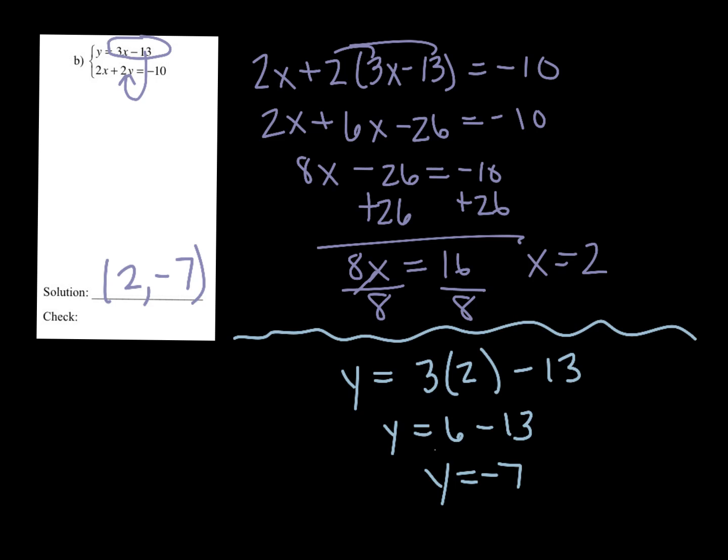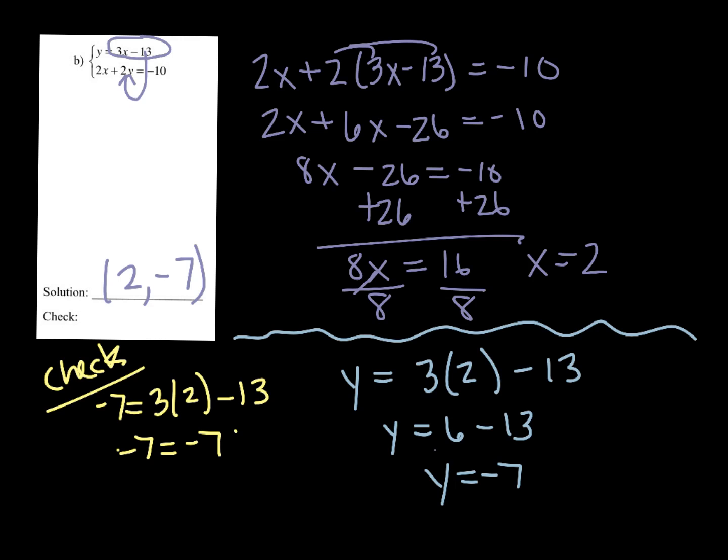So now we just have to check. So let's see, -7 equals, I'm going to plug it into the first equation, 3 times 2 minus 13. 3 times 2 is 6, 6 minus 13 is -7. That works.